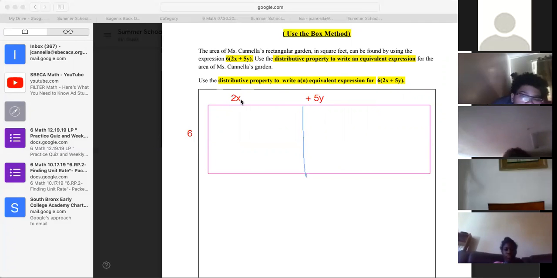What goes in here? 6 times 2x is how much? 12x. Adding what? 5y. 5y times 6 is how much? 30y.